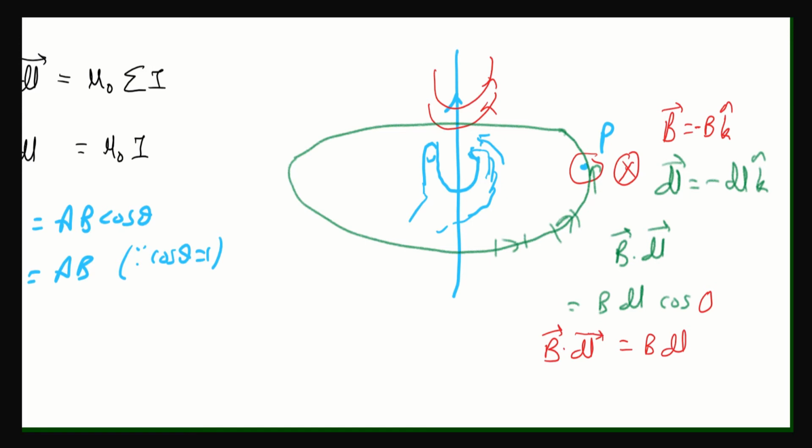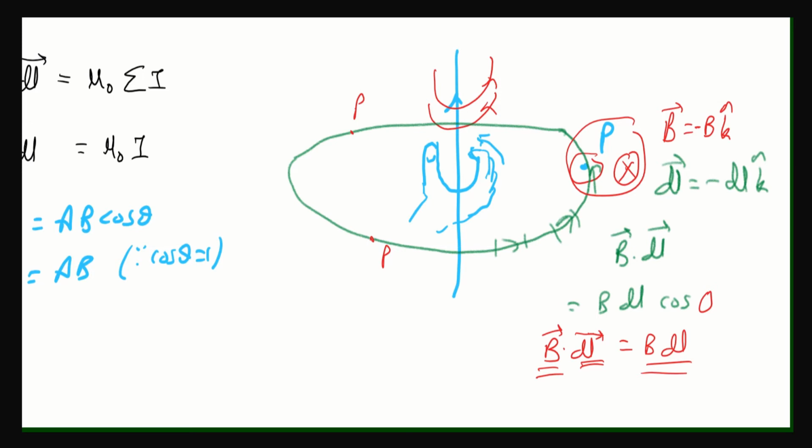And this is true wherever you consider point P, not necessarily here only. If you consider point P here, or here, at all the points on the Amperian loop, you will find the same situation. So the angle between B and dl will always be 0, and hence vector B dot vector dl is B dl.